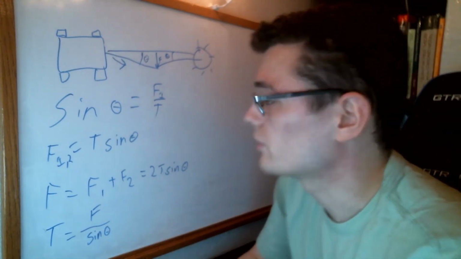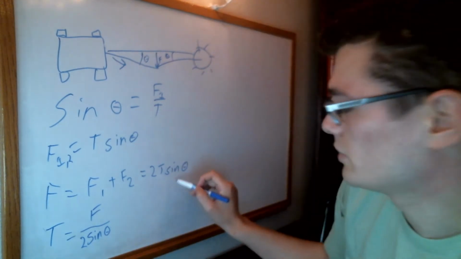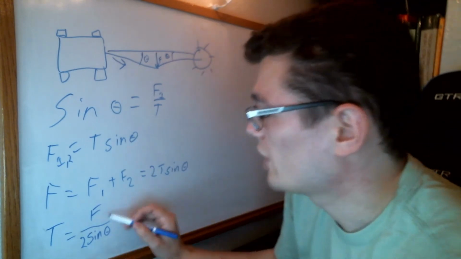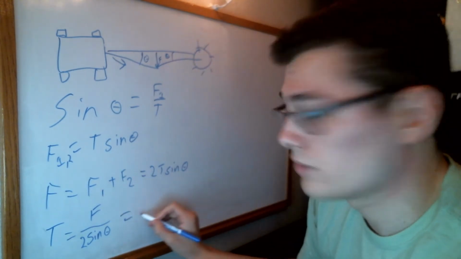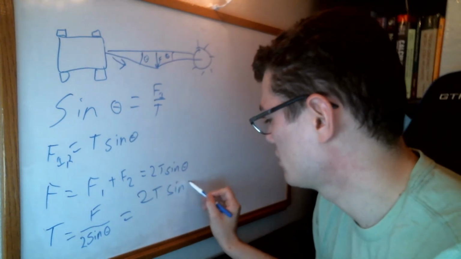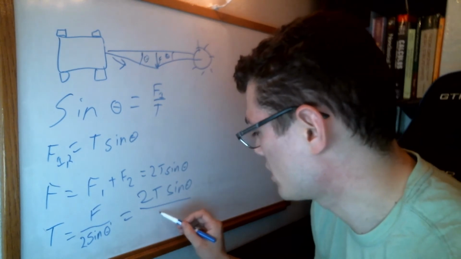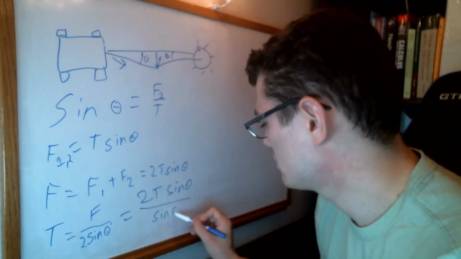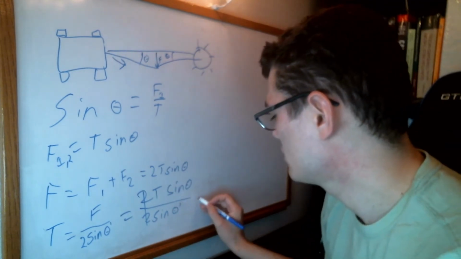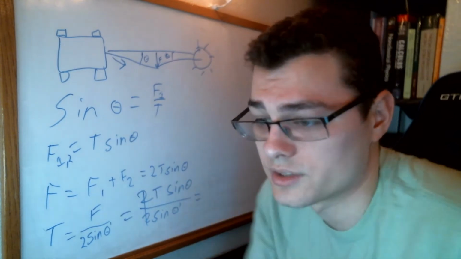But remember that there are two different forces here, so we add a 2 here, just like we did in the first one. And F from the first problem is here, so we'll take 2T sine theta, and this is our new sine theta, so this is going to be theta prime. And then the 2's cancel out, and you just have T times the ratio between sine theta and sine theta prime.